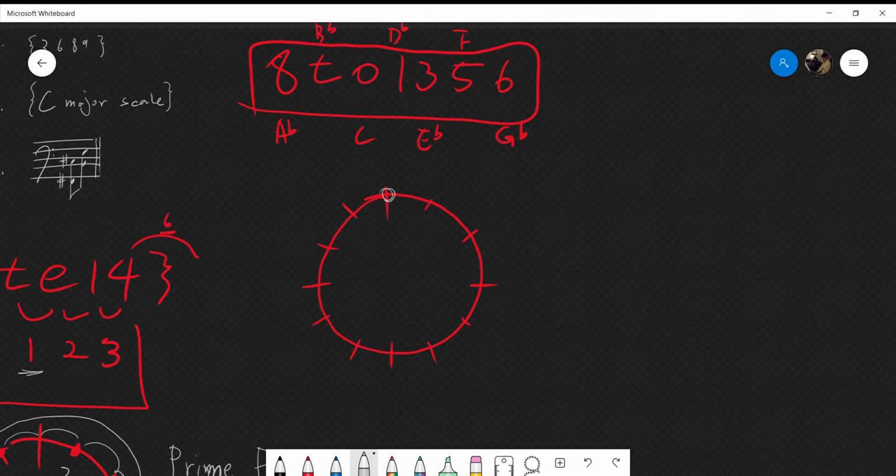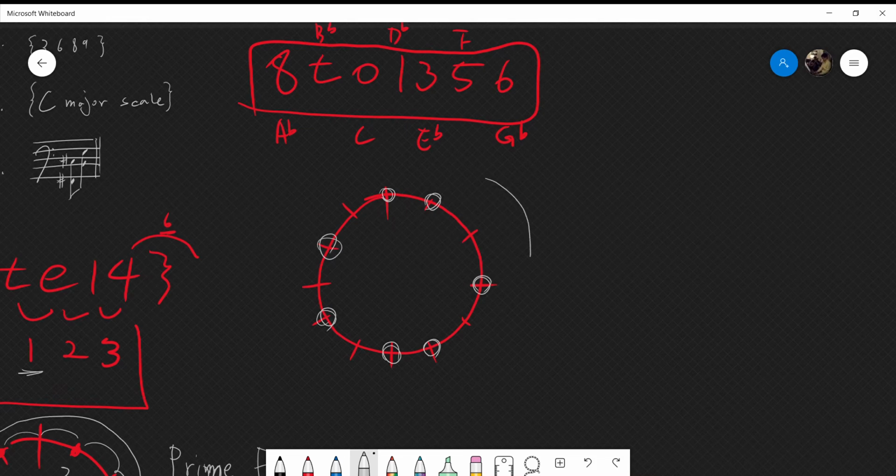And we have 0, 1, 3, 5, 6, 8, 10. Well, there are so many notes here. And we need to look at it and see where the gaps are. And we need to turn it into the form where it's most packed to the left.